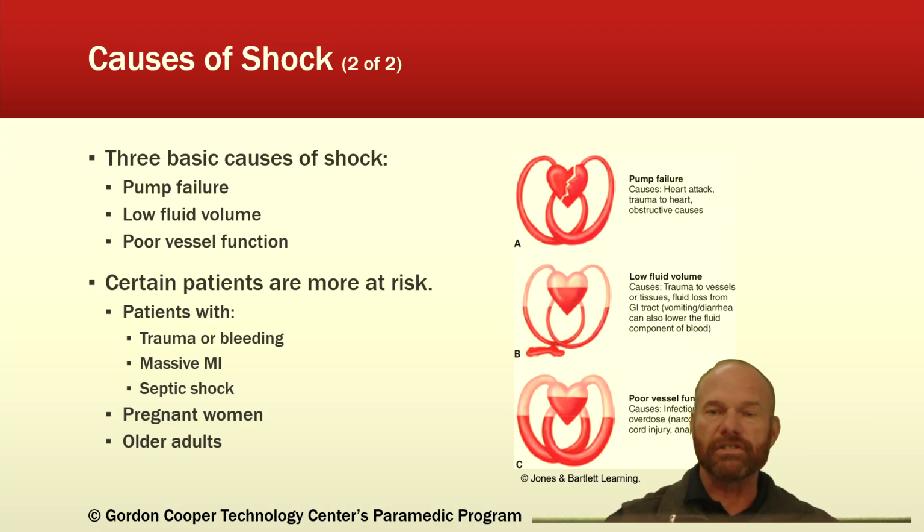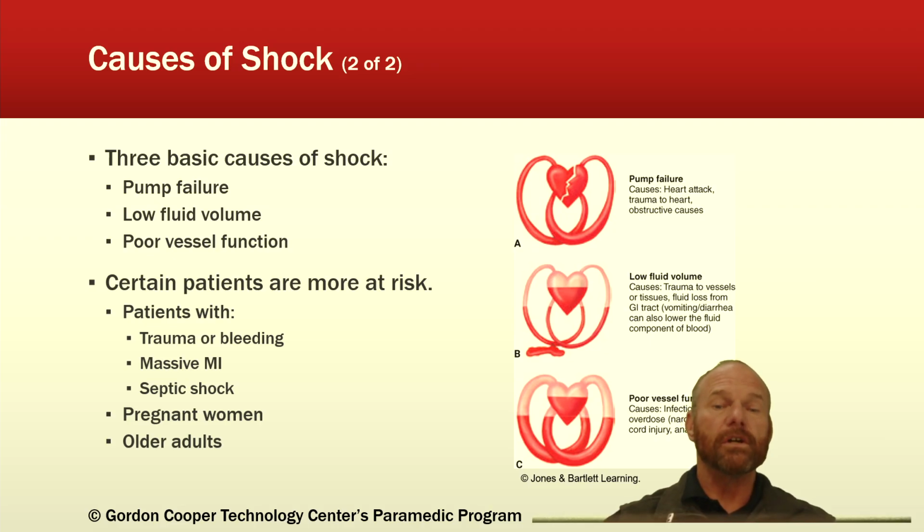And there's certain patients that are obviously at risk for this. High-risk patients include a patient with trauma or bleeding, since significant blood loss increases the risk of shock. Patients with massive MIs, as heart attacks can severely impair the heart function, leading to cardiogenic shock. Pregnant women, as physiological changes can increase the risk of shock during pregnancy or complications.